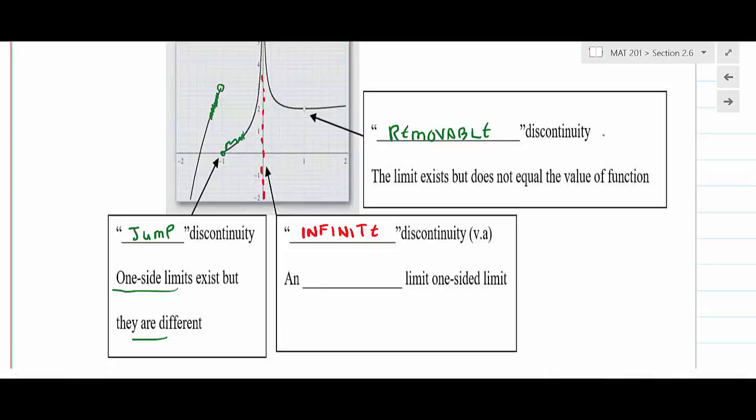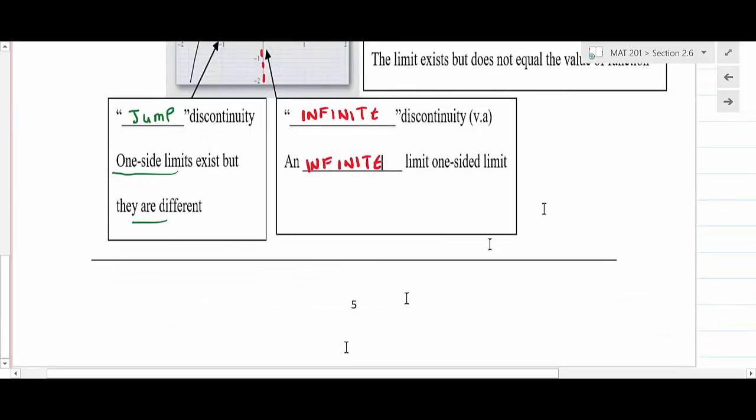In this case, the left and right hand limits would go to infinity. There would be cases where they would go to different places, and then the function's undefined there. So you have an asymptote. That's the idea. So what you have here is an infinite one-sided limit. Okay. All right.